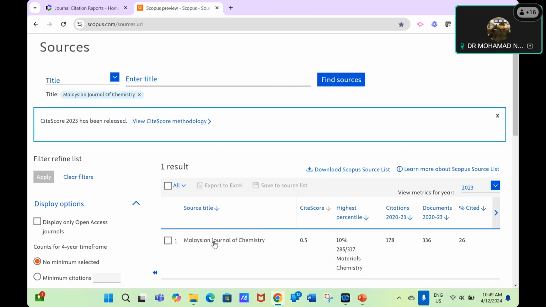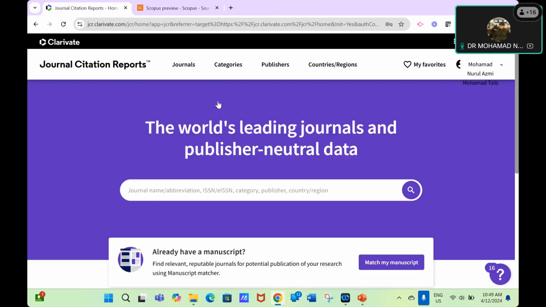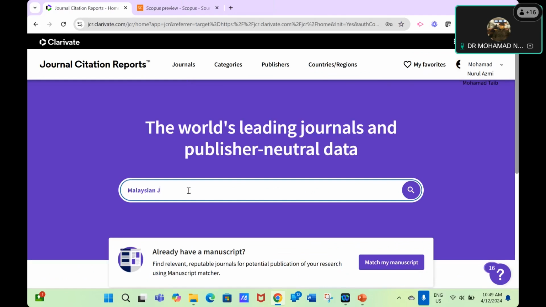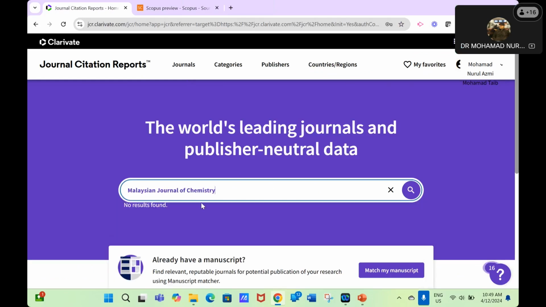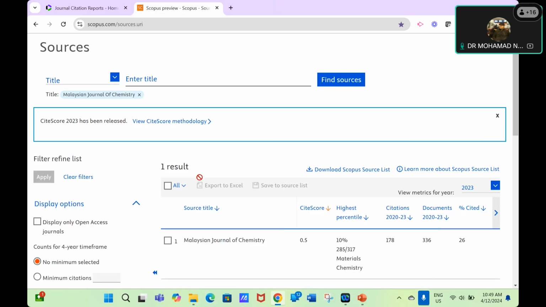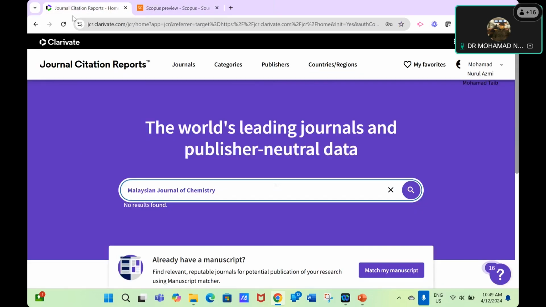You will see it exists. This is under Scopus. But if I type MJChem, Malaysian Journal of Chemistry, in the JCR, no result is found. It means MJChem is under Scopus, not ISI. So this is how you can check whether your favorite journal is in ISI or Scopus, or in neither database.